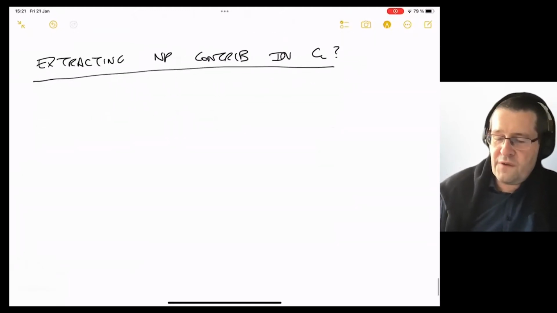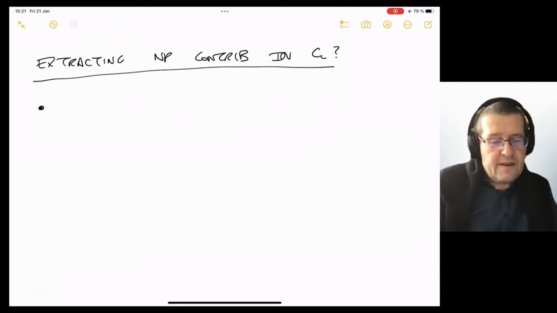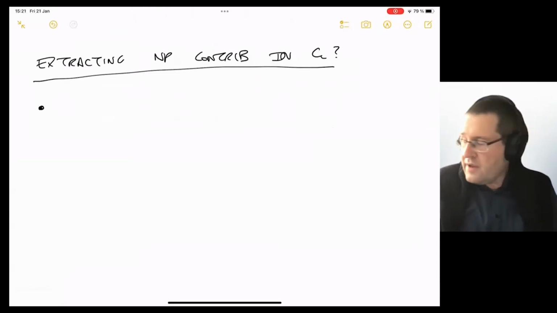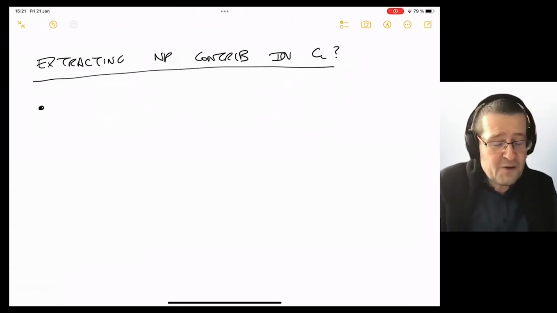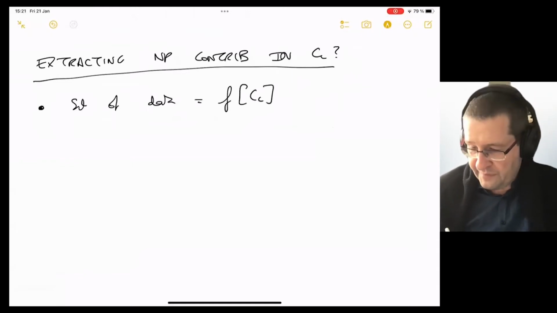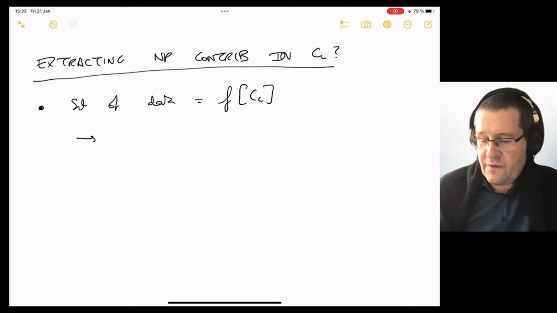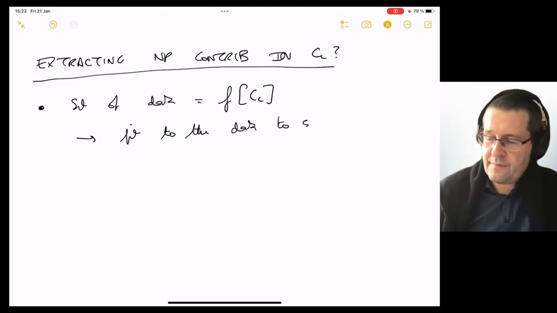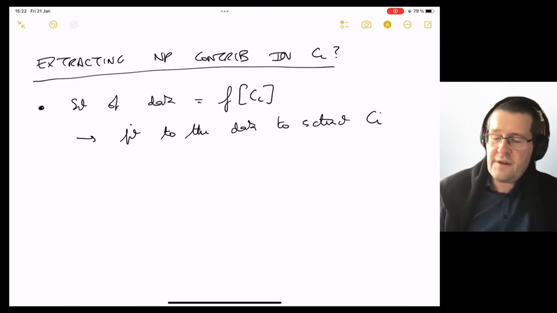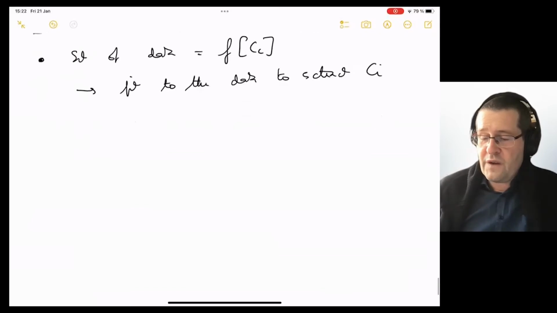In principle, yes. What you would do afterwards is to say, I've got a set of data depending on Wilson coefficients from the theoretical point of view, then I can do some kind of fit to the data to extract the Cis. That would be the natural thing to do.